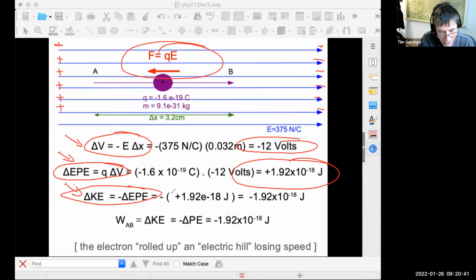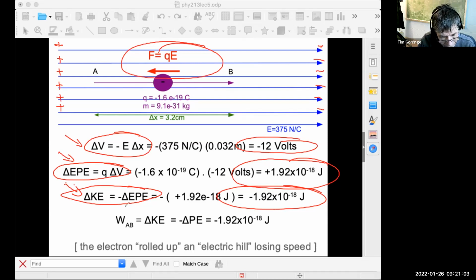So the kinetic energy is going to be the same size, but it's going to be negative. And so the electron, as it's moving from left to right, is slowing down. Its kinetic energy is decreasing as it's decelerated by the force in the opposite direction to its motion.